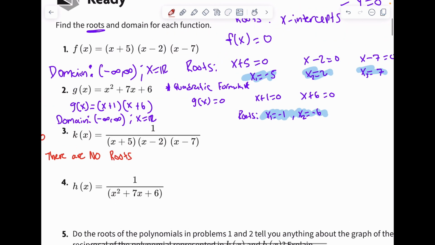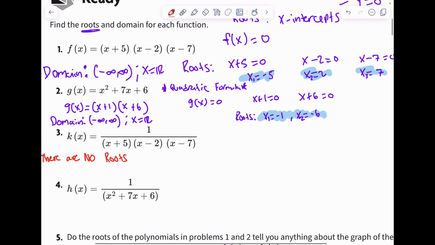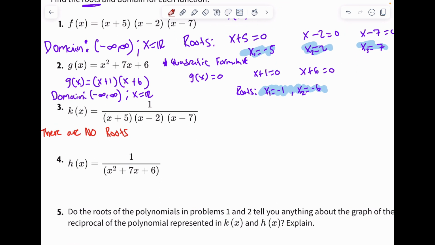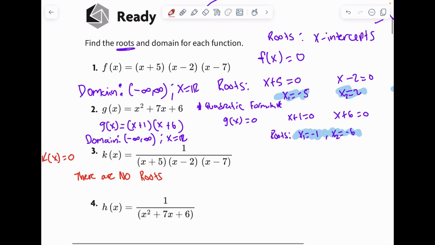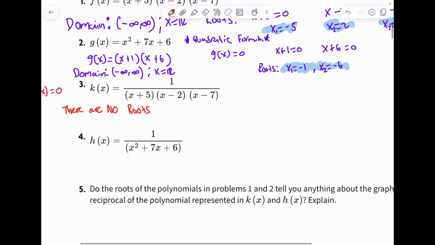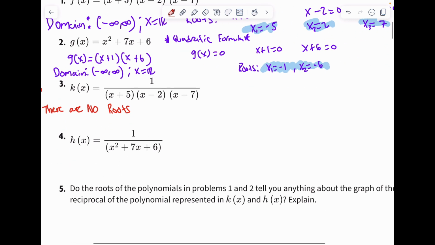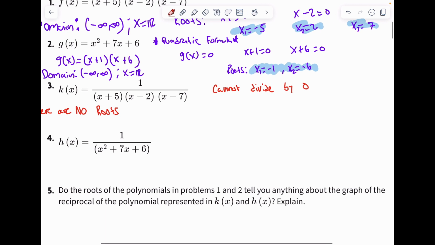Now what about my domain? I know that when I have something like this, a rational function, I cannot divide by 0. Those will be undefined.